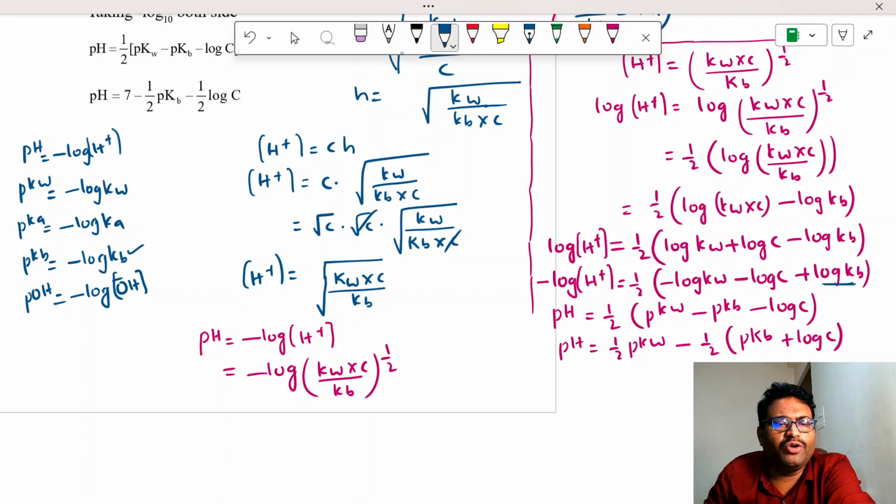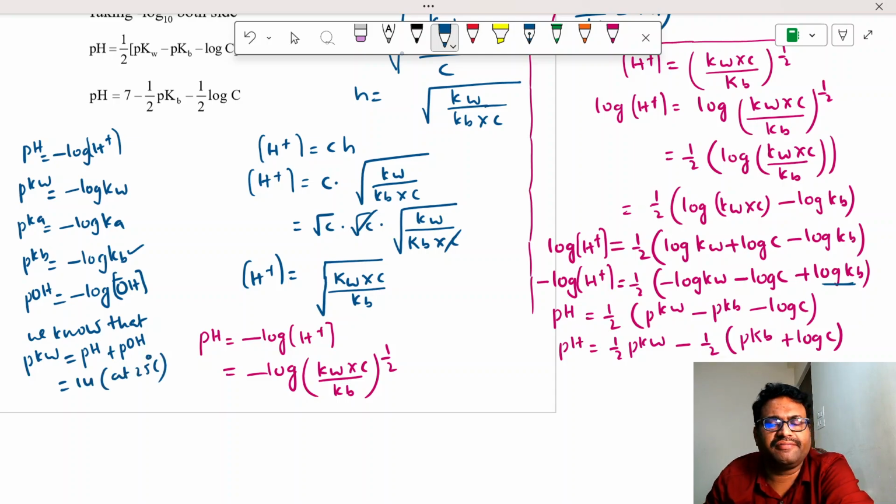And we know that pKw is equal to pH plus pOH, which is equal to 14 at 25 degrees centigrade. So then what do you get? pH is equal to half into 14 minus half into pKb plus log C. Half into 14 gives you 7.